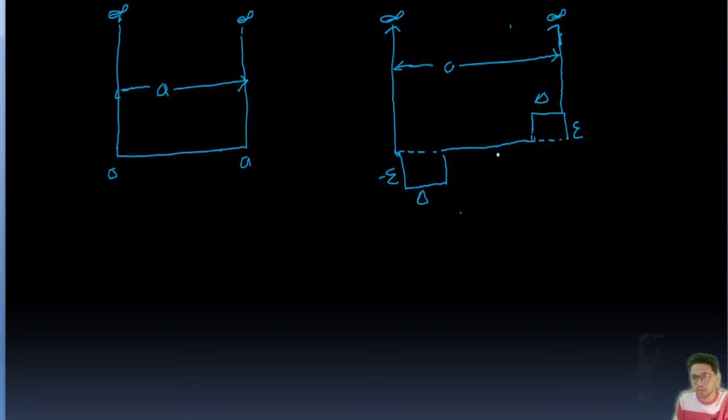So in this condition we need to find the ground state energy, and then compare it with the ground state energy before perturbation. So this is the question. I'll solve it now.